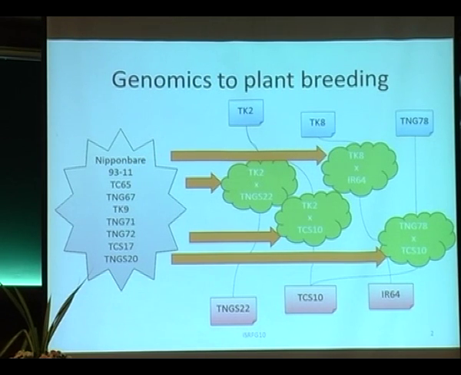Based on the published data, we have the Nipponbare sequence and another indica sequence from the variety called 9311. But sometimes it's not enough, so we contribute our other sequence data to provide more condensed marker data to them.